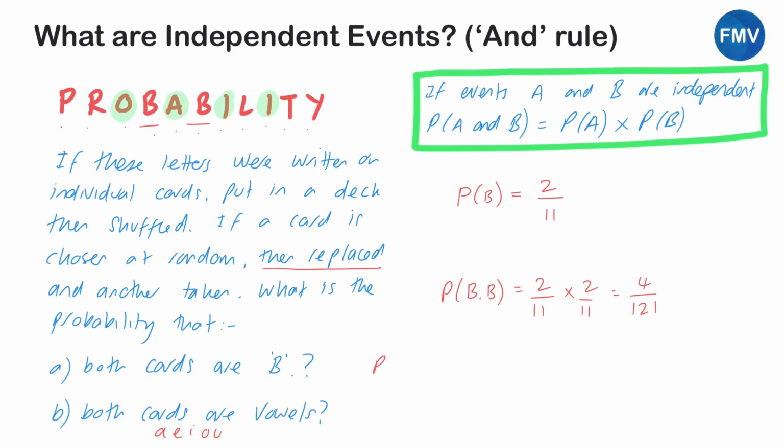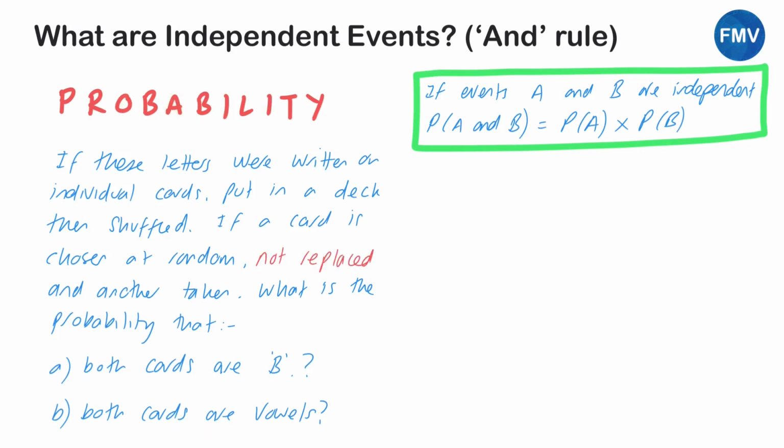So the chance of getting an A, an E, an I, an O, or a U is equal to 4 out of 11. So what is the chance of both cards being one of those? Well, the chance of one being a vowel and then the other being a vowel is 4 out of 11 multiplied by 4 out of 11, and that is 16 out of 121. Okay, let's move this forward one more.